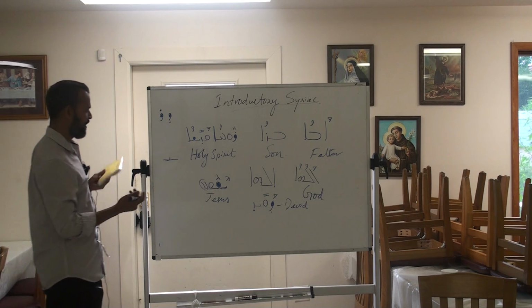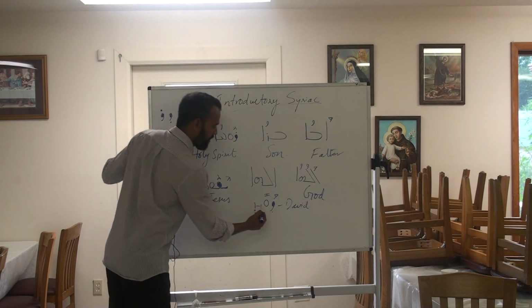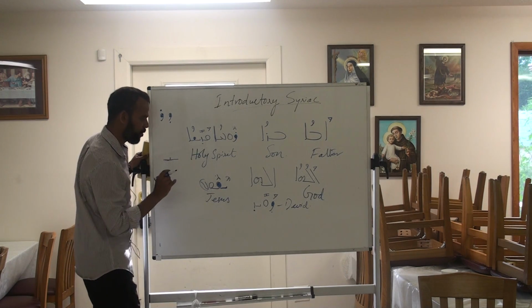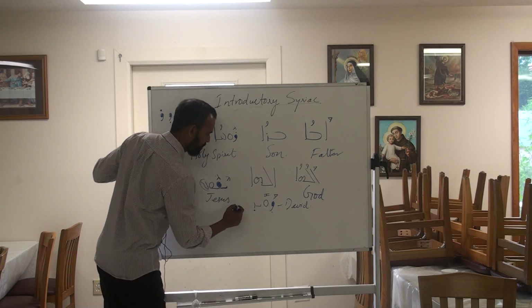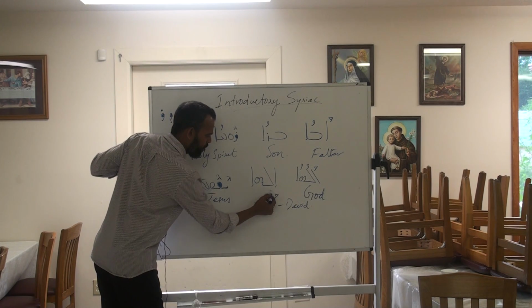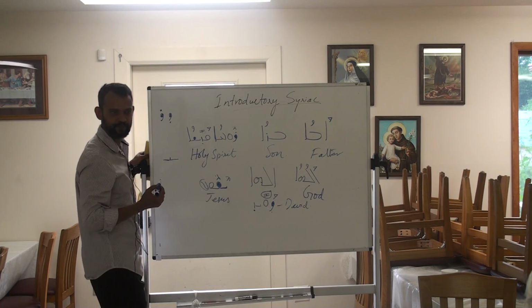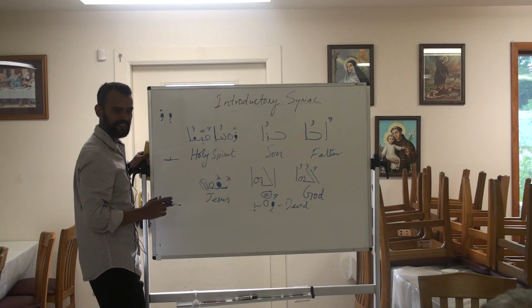So now here we are coming across another small rule in Syriac language. Not always, but in most cases, an E vowel is followed by a yod. 90%.